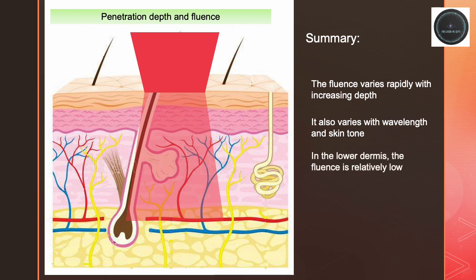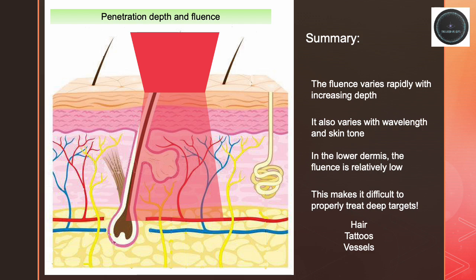In the lower dermis, the fluence is relatively low for all wavelengths, because by the time that the light energy has gone through the melanin barrier, the blood barrier, has undergone backscattering, etc., then not much of the light energy will actually reach the deep dermis.